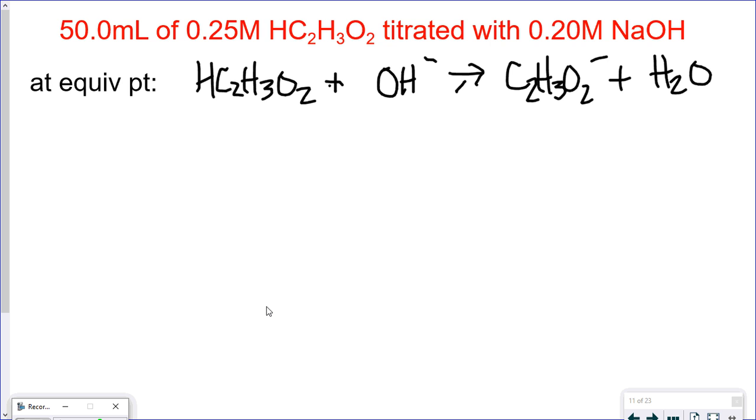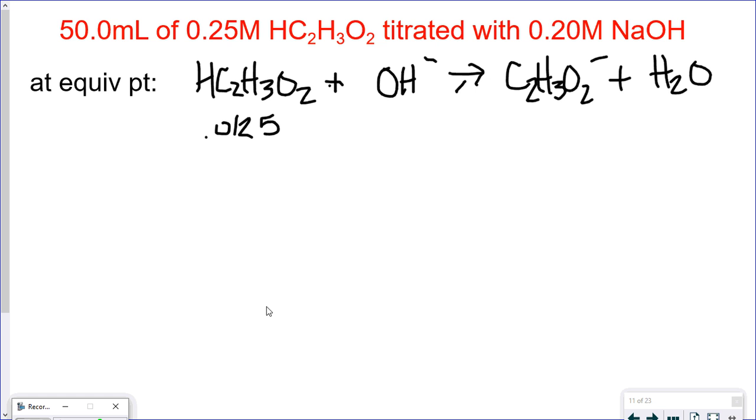So remember, moles of acid and moles of base will be neutralized. So remember, we found moles of acid to be the 0.0125 moles of base. So this is at our equivalence point, the 63 milliliters we had found back in the first step. If you do the 0.20 times the 63 milliliters, this will also be 0.0125 moles.